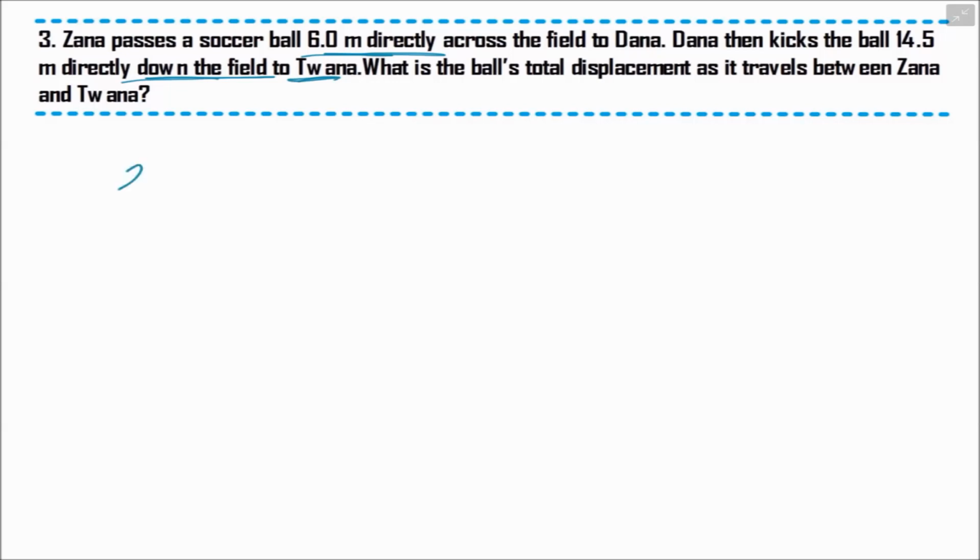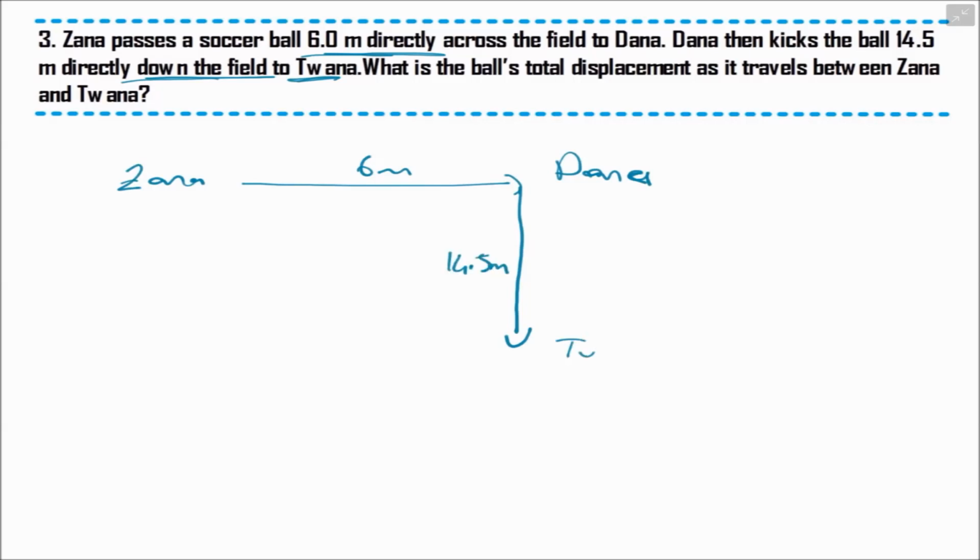So from Zana to Dana, let's say, how many meters? 6 meters. From Dana to Tawana, how many meters? 14.5 meters. So it's asking from Zana to Tawana.